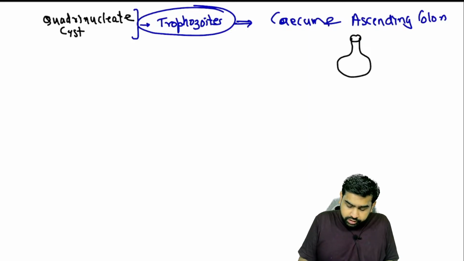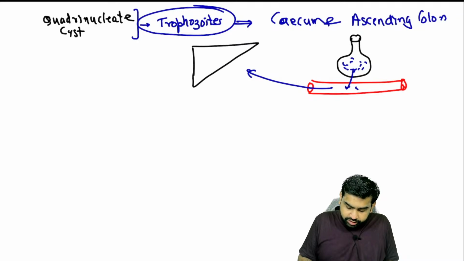In the cecum and the ascending colon, they lead to flask shaped ulcers, and the trophozoites are present inside these flask shaped ulcers. Now these trophozoites enter into the bloodstream and reach the liver, and in the liver they can lead to enzymatic degeneration.